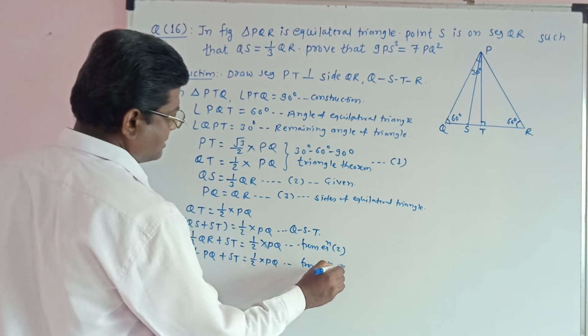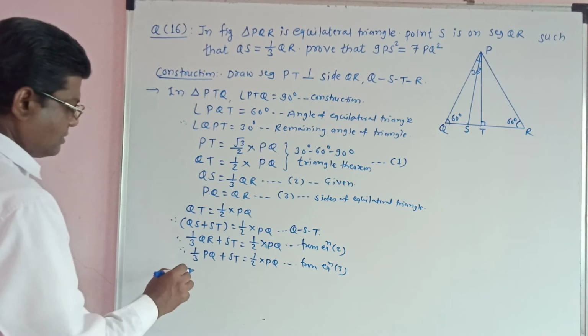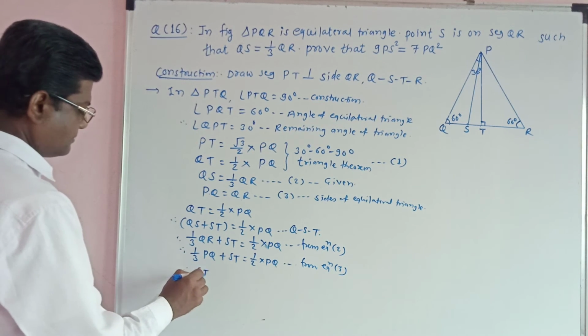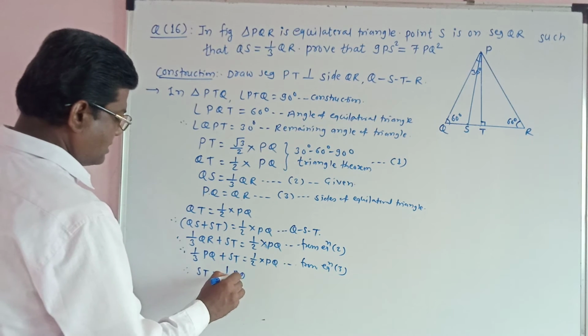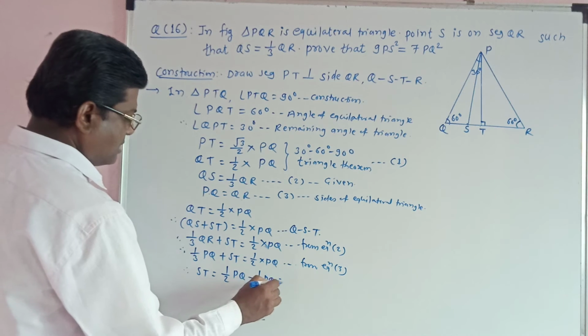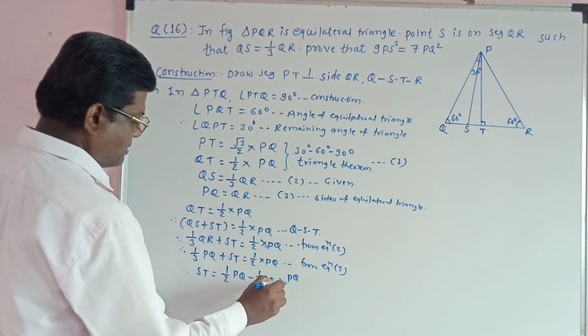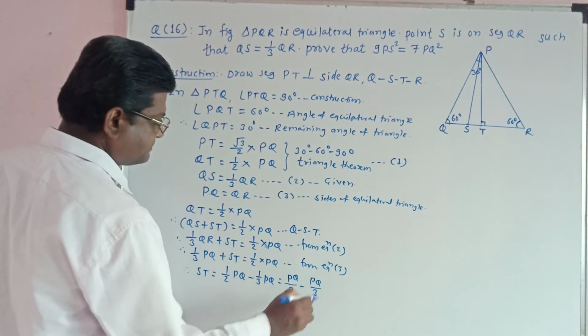Therefore, ST is equal to 1 upon 2 PQ minus 1 upon 3 PQ, which is PQ upon 2 minus PQ upon 3.